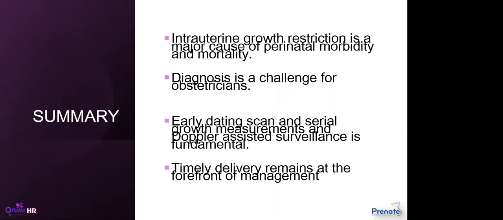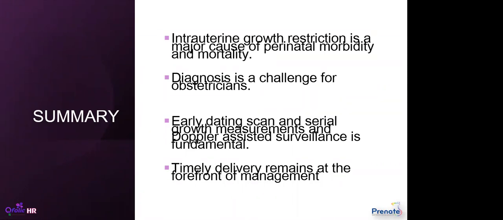But if the Doppler studies are impaired in terms that the end diastolic flow is present, but the pulsatility index is reduced, in these babies we can take the chance of delivering by induction of labor, provided we have the facility of continuous fetal monitoring, good neonatal nursery care, and immediate cesarean section, as most of these women end up with a cesarean section.